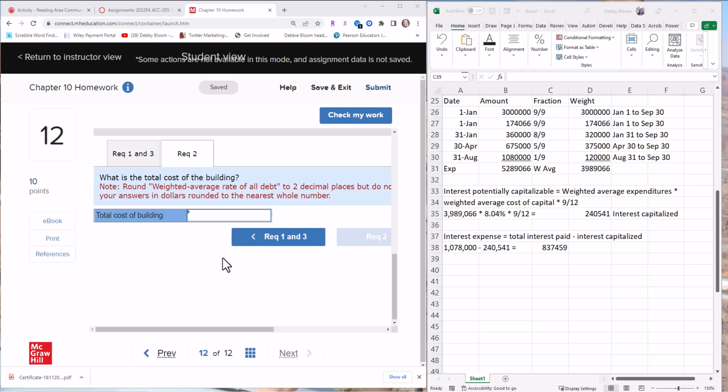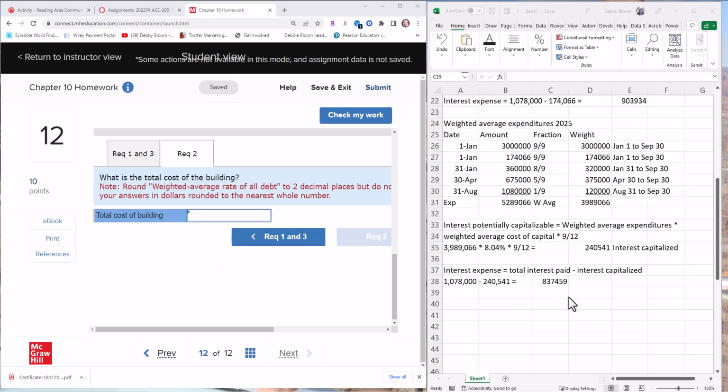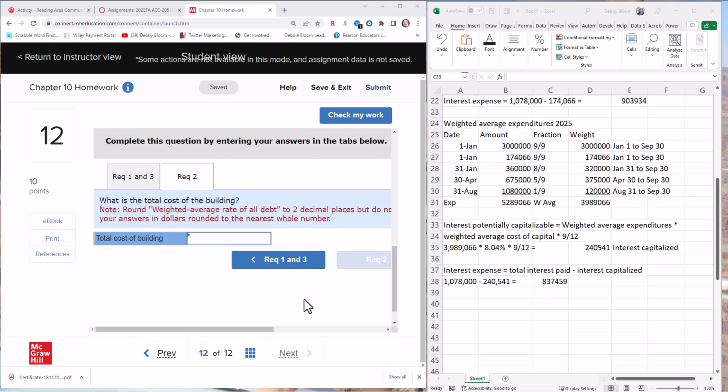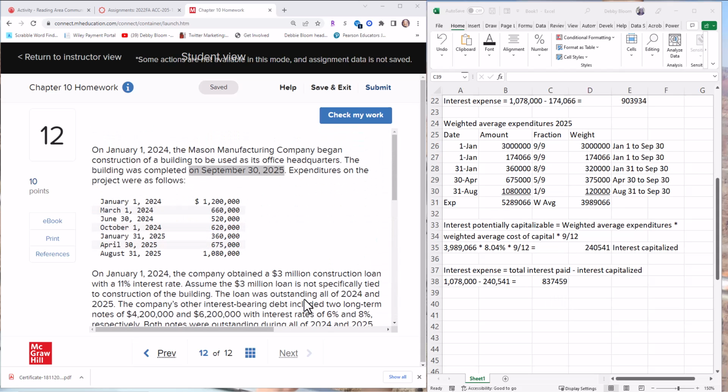So in requirement 2, we need to calculate the total cost of the building. So to calculate the total cost of the building, the easiest way, because our expenditures include the 2 here that came from the previous year, the easiest way to calculate it would be just to add all of these numbers, because these are all of the expenditures, and then we're just going to add the interest capitalized in 2024 and 2025.